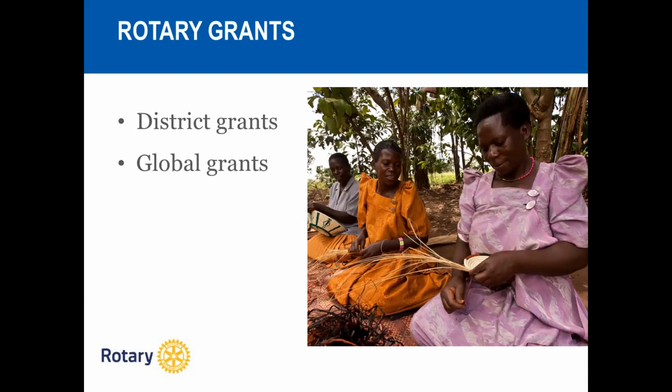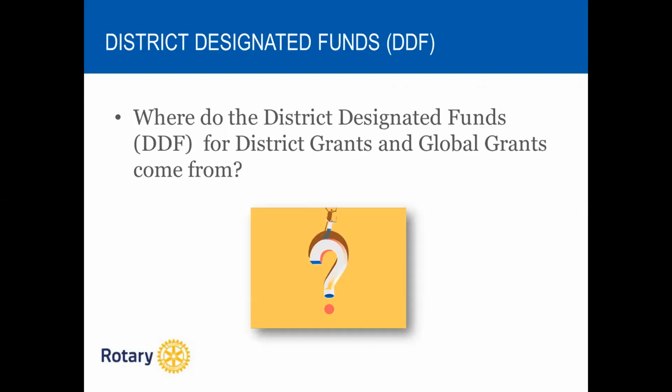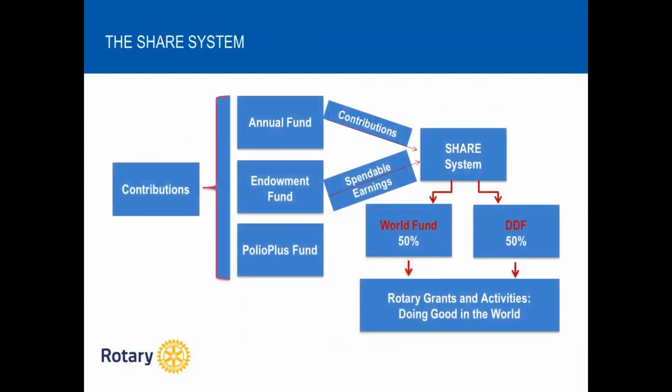So let's start with the basic question. Where do the district designated funds, or DDF, for district grants and global grants actually come from? Contributions from Rotarians and Friends of Rotary fund the Rotary Foundation grants and programs.